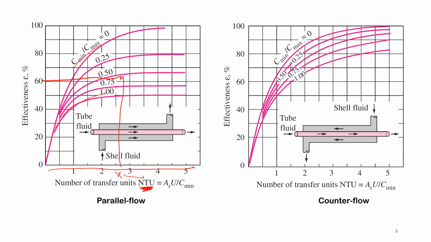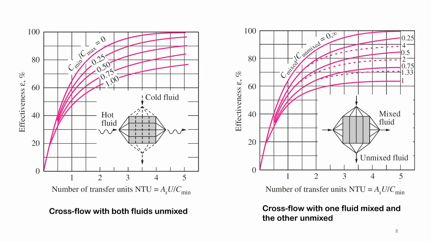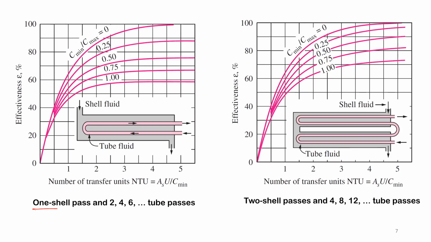This is for parallel flow. We have a similar curve for counter flow, and for the shell and tube heat exchanger with one shell pass and two shell passes. The idea is always the same: you find the NTU on the x-axis, find the curve for CR, and read the effectiveness.